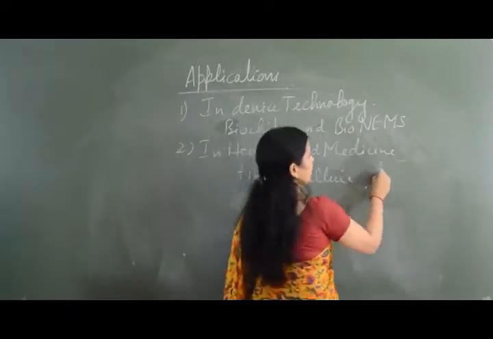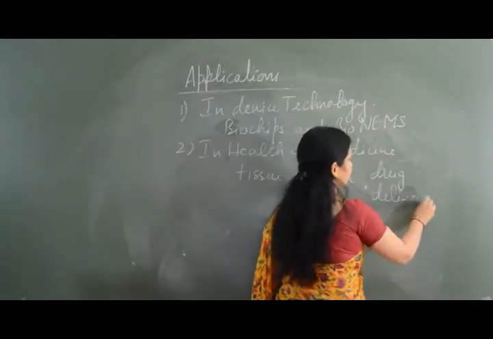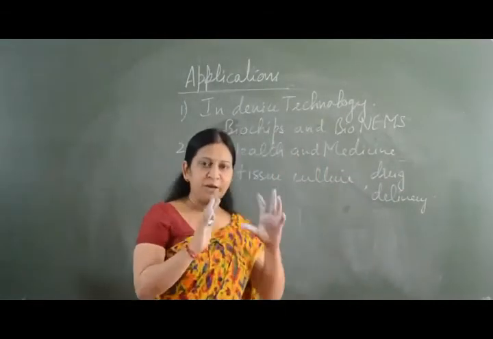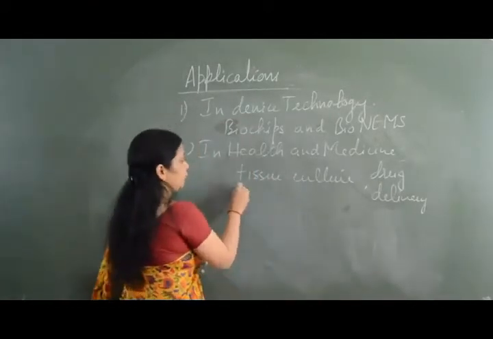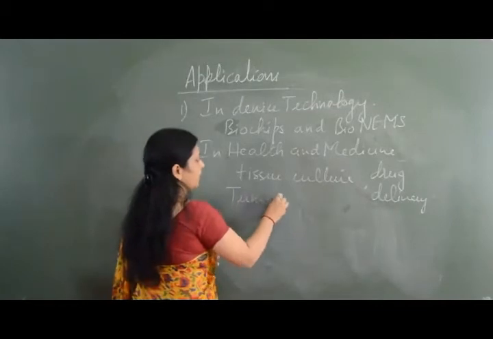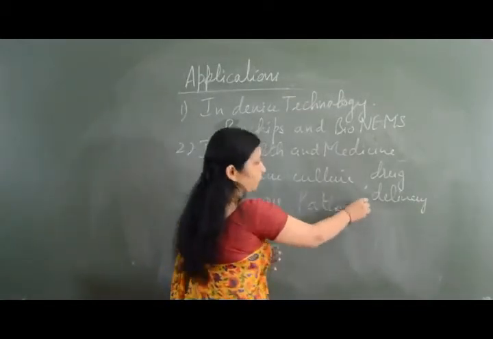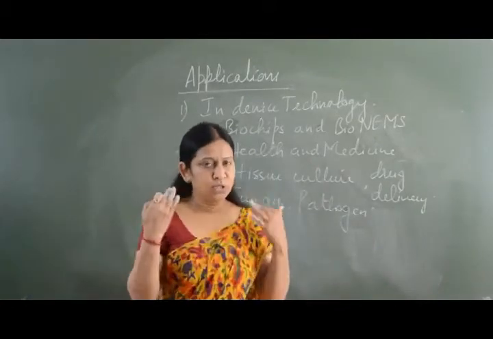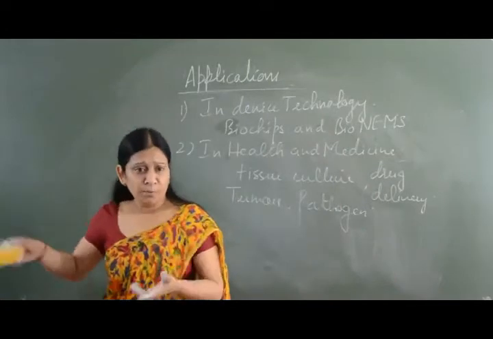They are used in drug deliveries. Drug delivery means the right amount to the right part of the body. Then it is used in detection of tumors, in the detection of pathogens if they are present inside the body. So these are all the health and medical applications of nanomaterials.